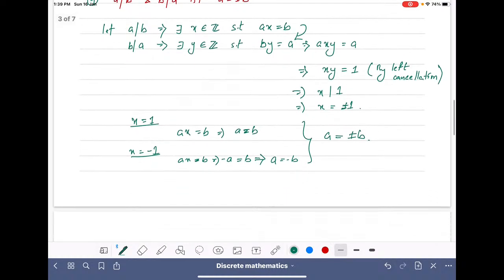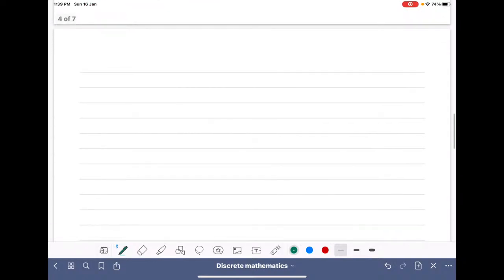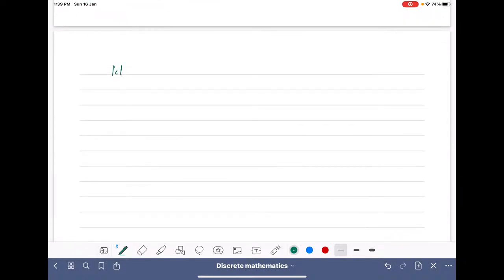Another way of saying it: let a equal to plus or minus b.